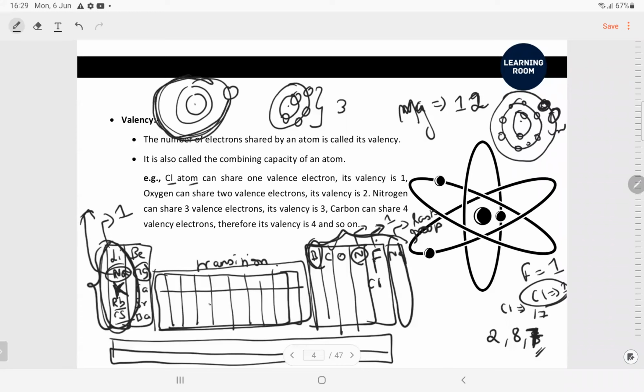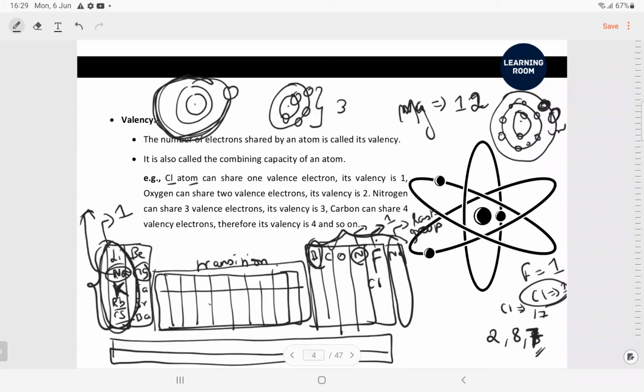What is electricity? The free movement of charge, how freely the electron moves from one place to another. That's why metals are good conductors of electricity: they can freely move from one state to another. Can you get my point?